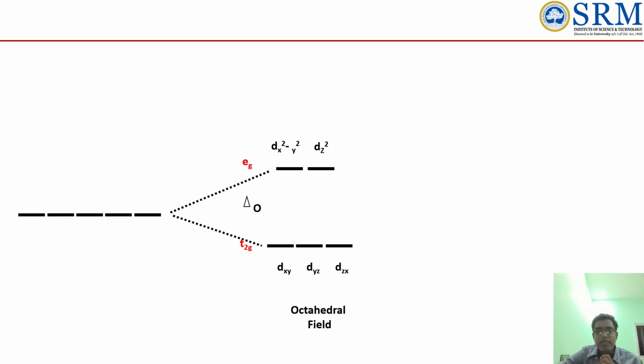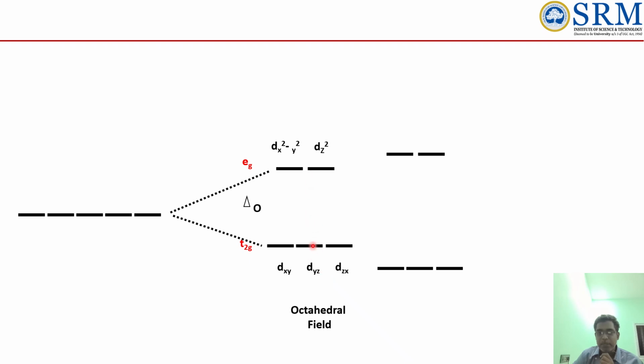Let us have a closer look at it. Let's say this is the degenerate d orbital before the ligand approaches the metal. When the ligands start approaching the metal in the octahedral geometry, you start seeing the splitting. We have a barycenter, T2G and EG, with stabilization and destabilization.